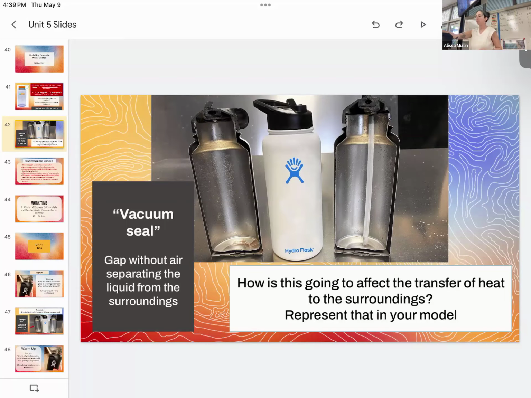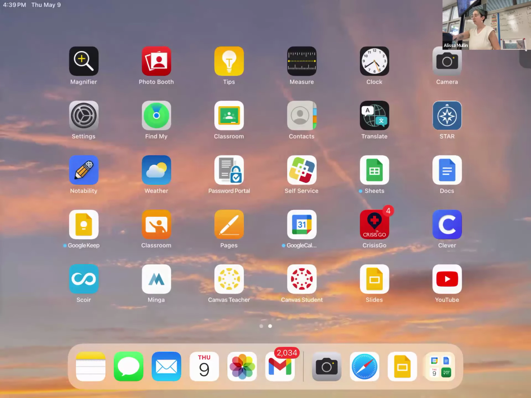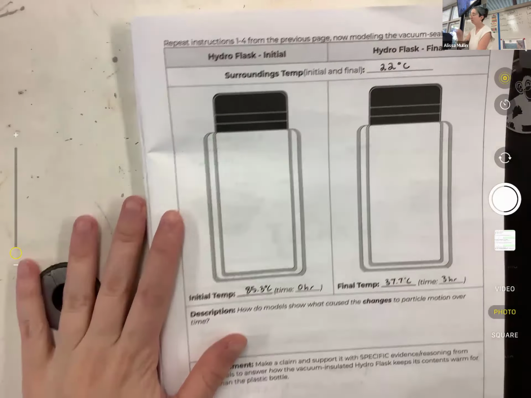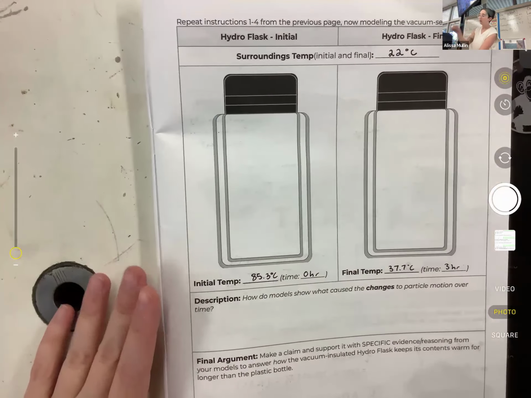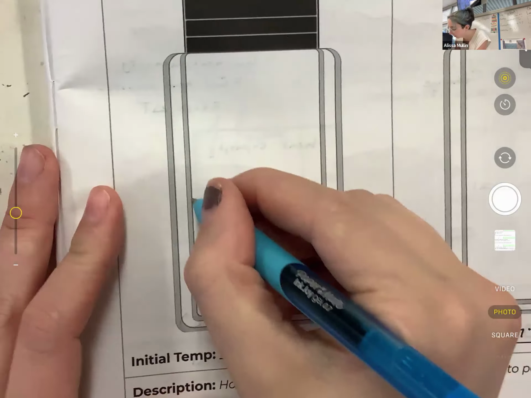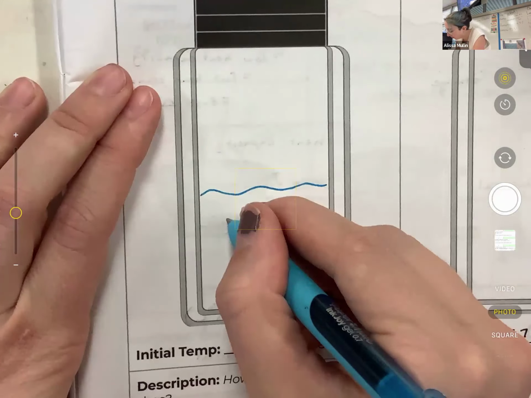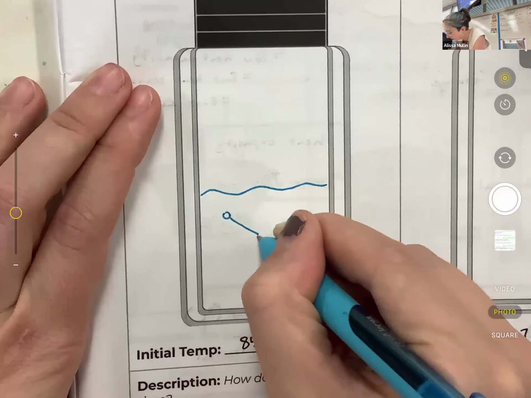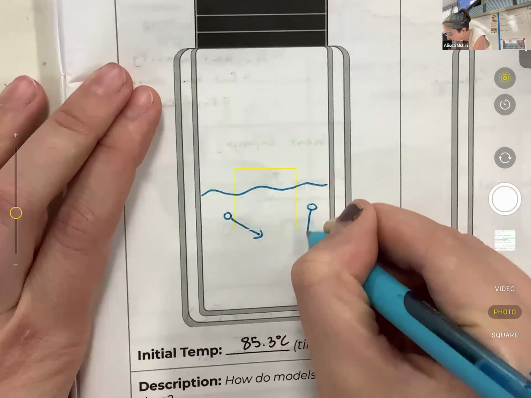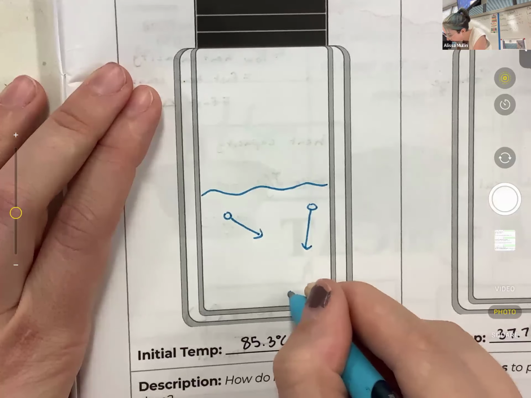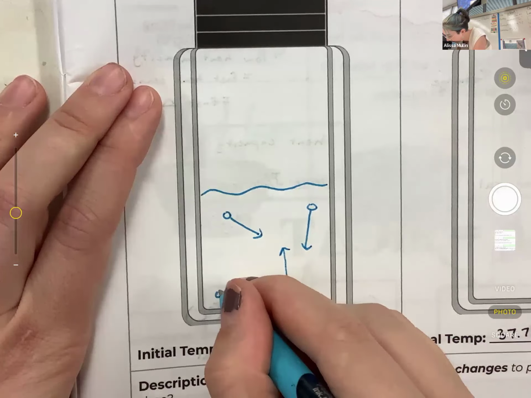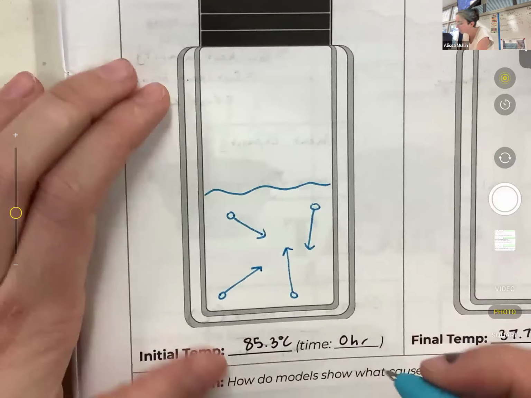Let's think about that. With this drawing, we're going to have our water, again hot water. I'm going to fill up my water bottle or coffee cup, whatever, with hot water. So I'm showing very large arrows, lots of motion, lots of temperature, more accurately.